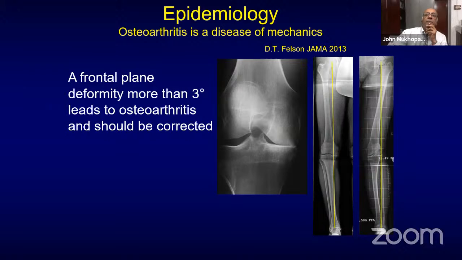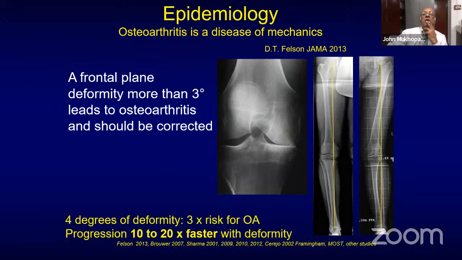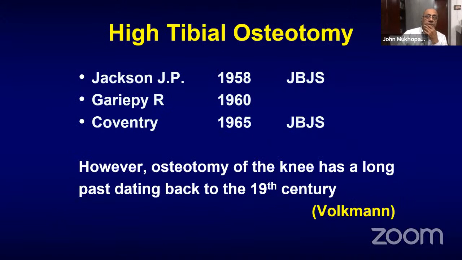But then if you look at our patients, they have fairly severe deformities and continue with it till it reaches a stage where you have no other option but to do a total knee replacement. So 4 degrees of deformity increases the risk of osteoarthritis by almost 3 times, and progression was 10 to 20 times faster if there was deformity in osteoarthritis compared to where there was no deformity.